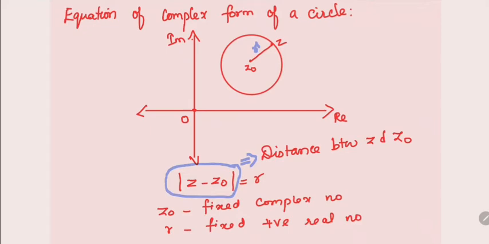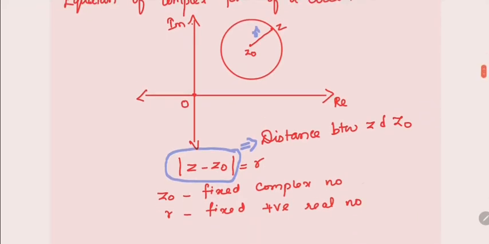Z0 is a fixed complex number, and the fixed positive real number we'll call the radius. Z0, the fixed complex number, is the center of the circle.